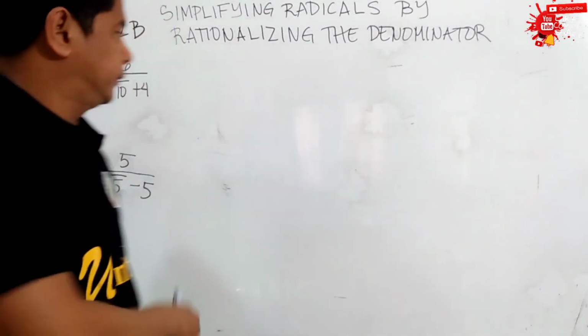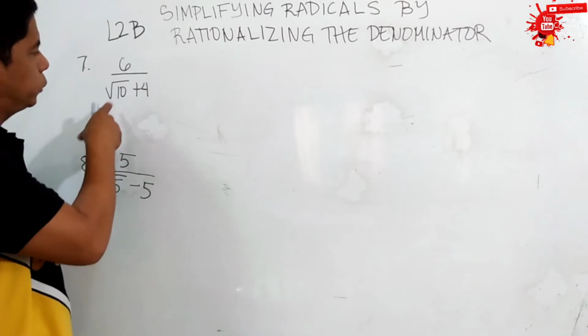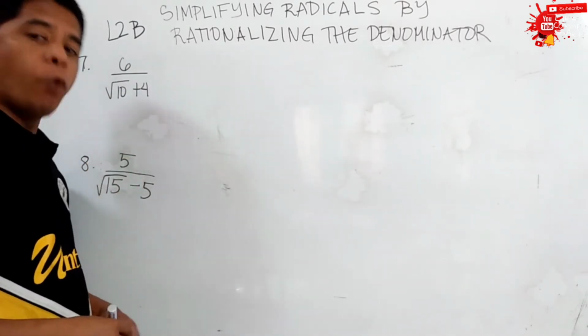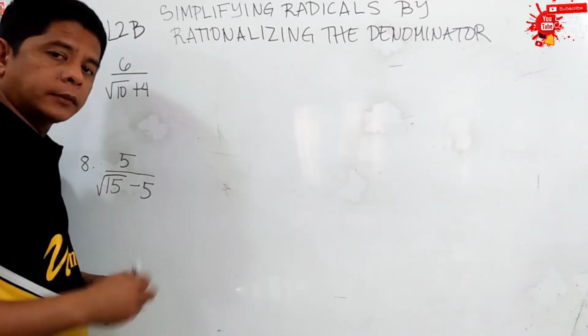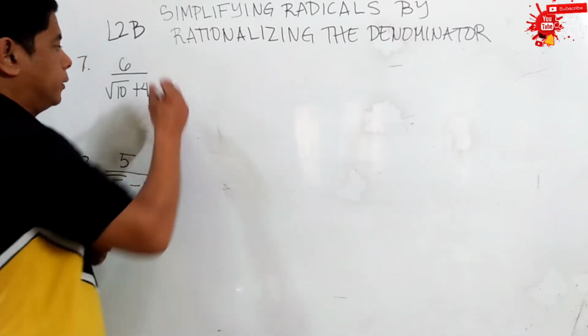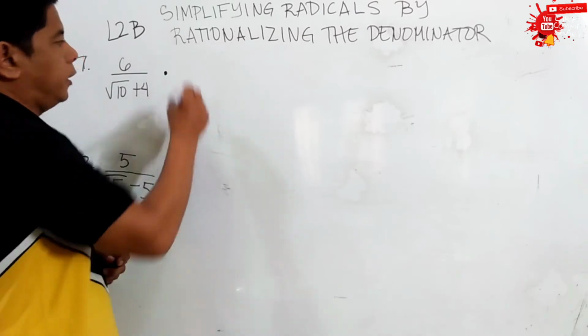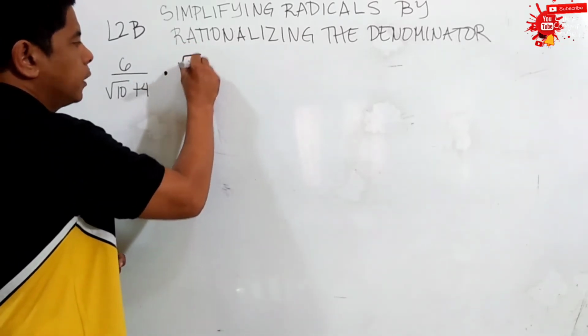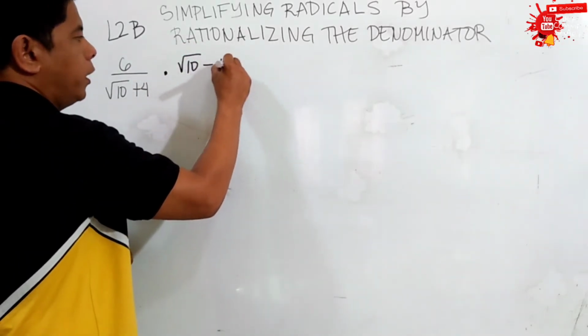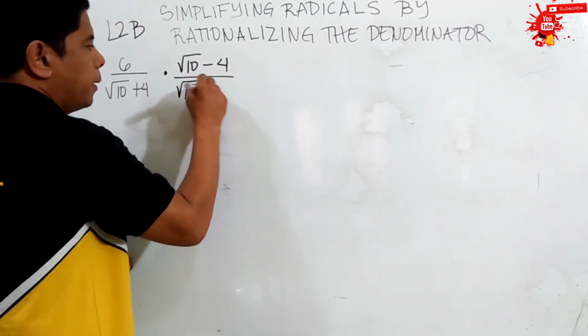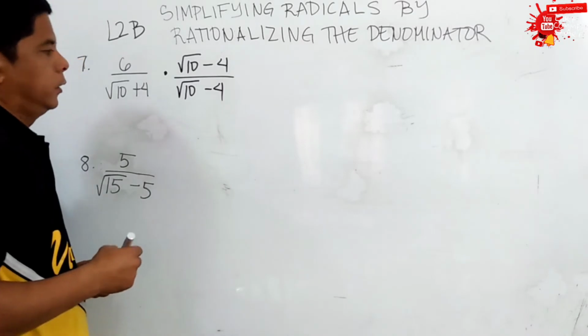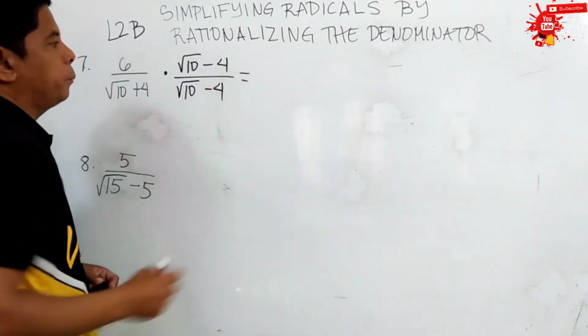Number 7. We have 6 over square root of 10 plus 4. Ano ang conjugate ng square root of 10 plus 4? Tama. Ang conjugate niya is square root of 10 minus 4 over square root of 10 minus 4. So, multiply na po natin.